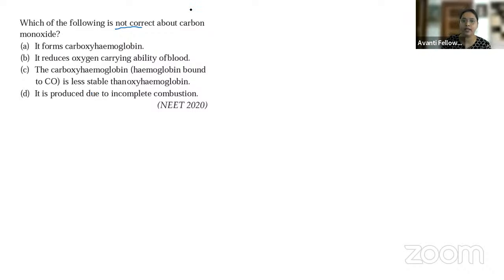Can anyone tell me which option is not correct about carbon monoxide? A, B, C, D.